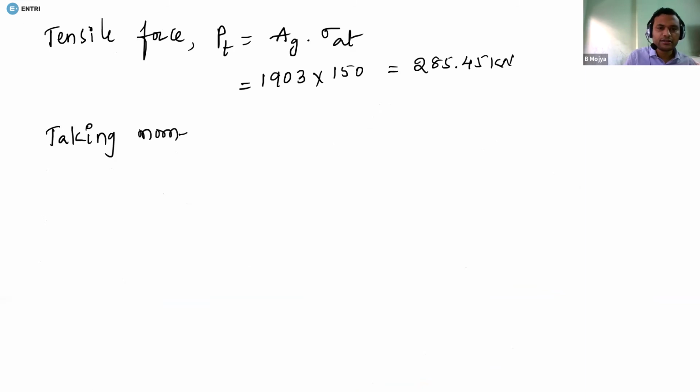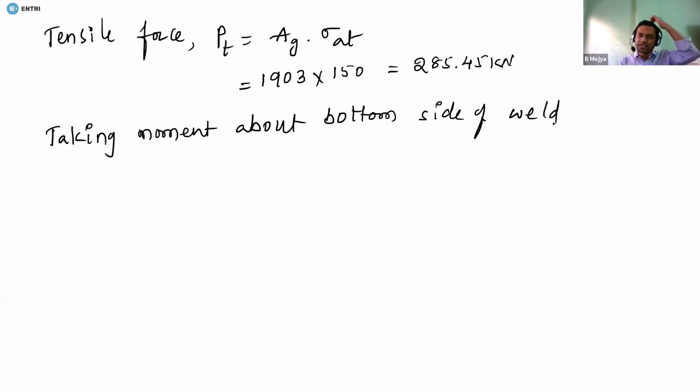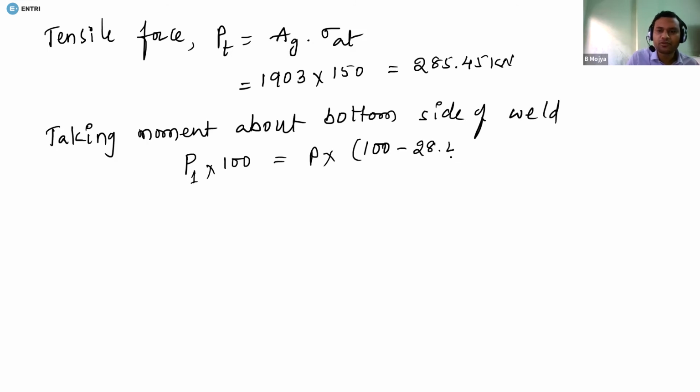Taking moment about the bottom side of the weld, what will be the equation you get? The equation is P1 into perpendicular distance, which is 100, equal to P into perpendicular distance, which is 100 minus 28.4.